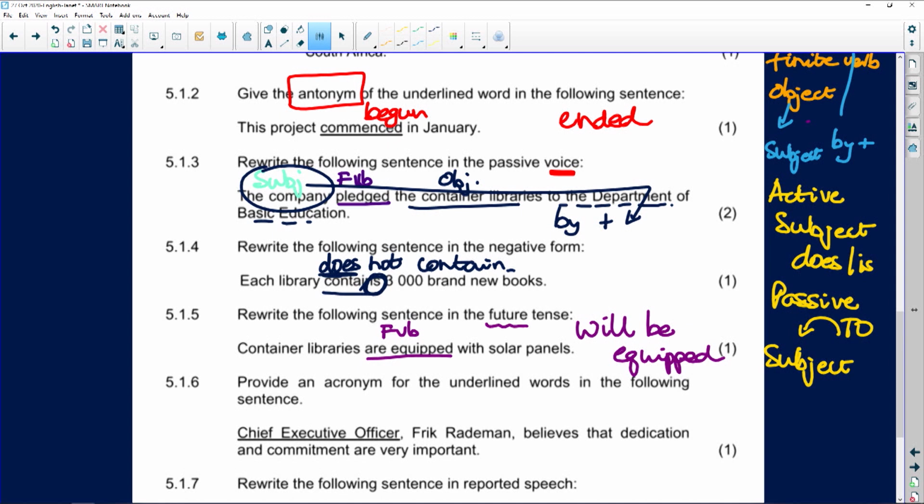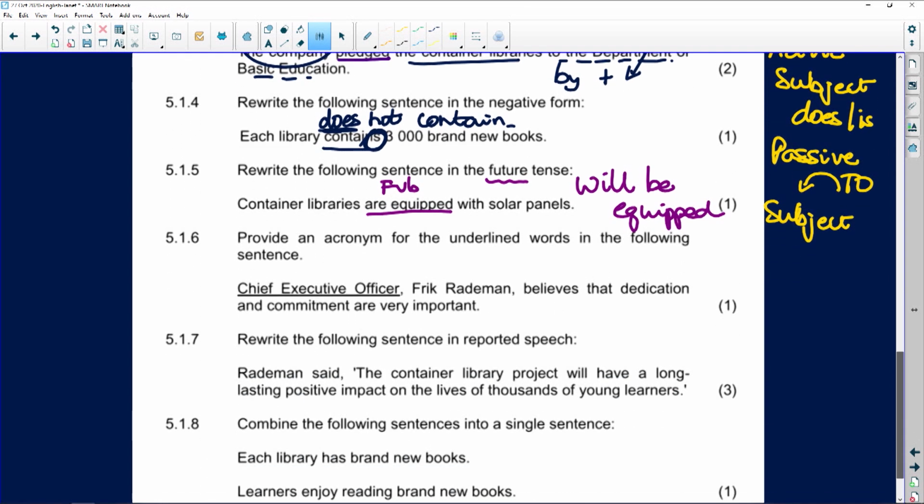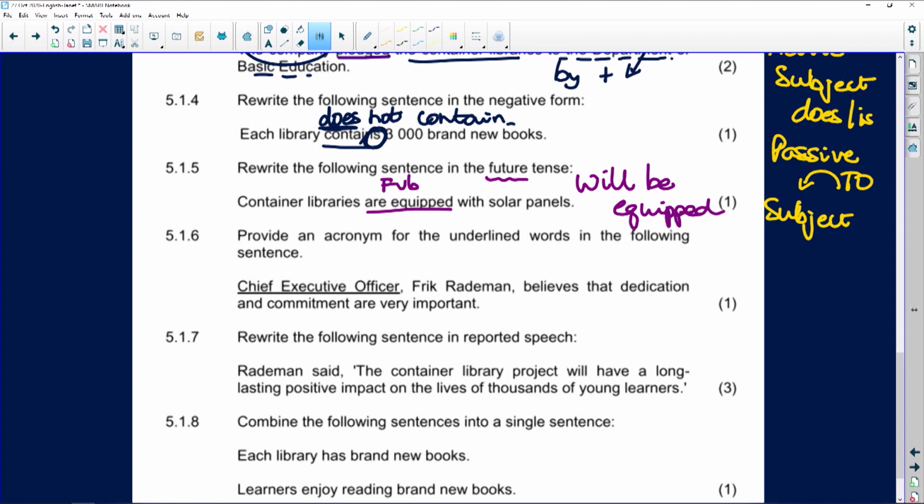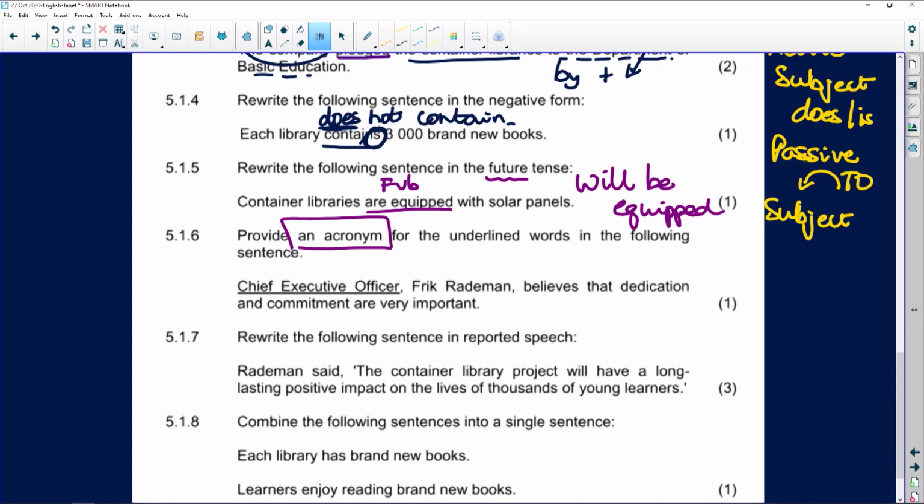Now, I've got a huge problem with 5.1.6. Okay, what do you understand an acronym to be? For me, an acronym is when you say the abbreviation as a new word. What is the abbreviation for this? Well, I would say CEO, but do you pronounce that CO?